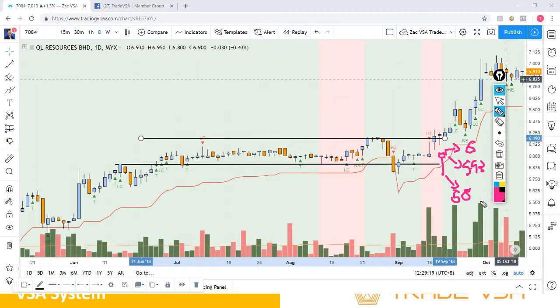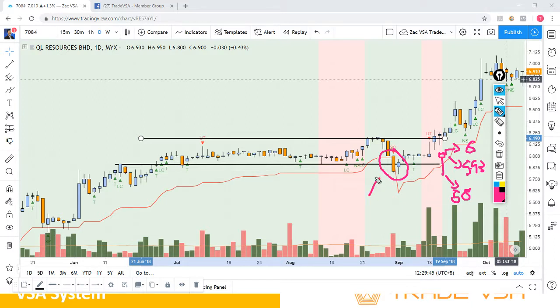Sometimes smart money will split into 2 days to complete a certain action, for example a wash using a spring bar. All the springs that we have in our chart are for 1 day, but if you combine these two together, by calculating the opening price, closing price, and the low price, it will form a spring bar.